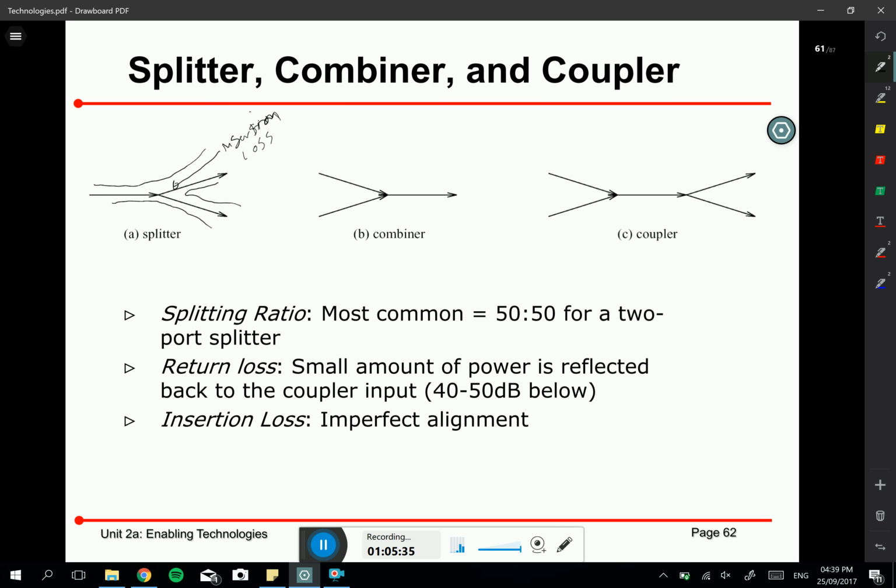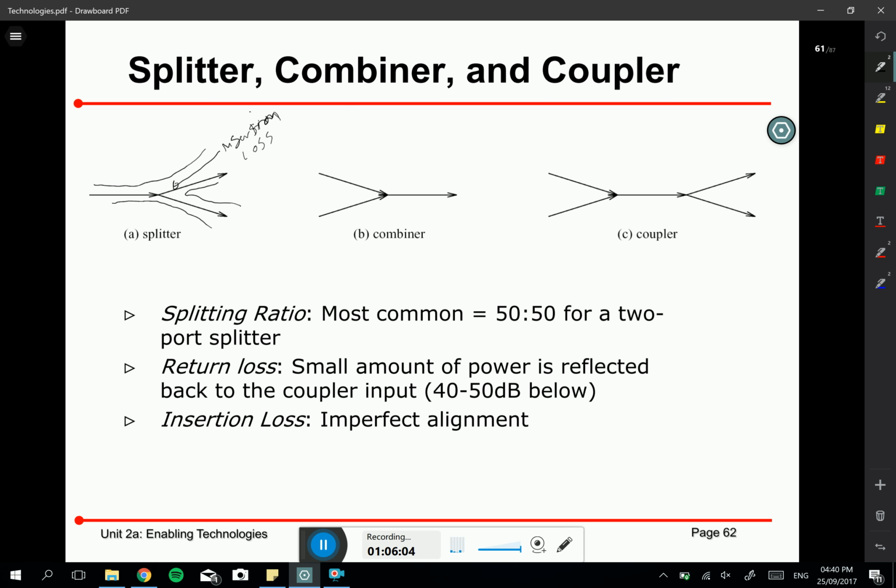And then if you place a combiner followed by a splitter, what happens? You have a combiner. Let's say we have lambda 1 and lambda 2, followed by a splitter. What do I have in the output? What happens here?